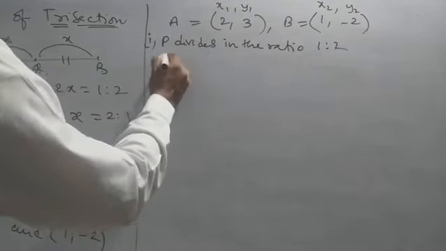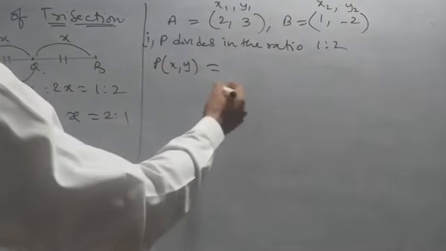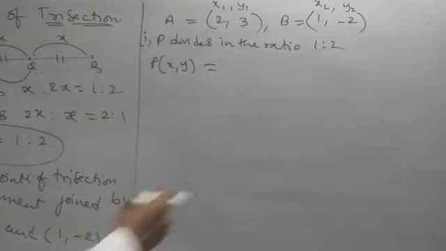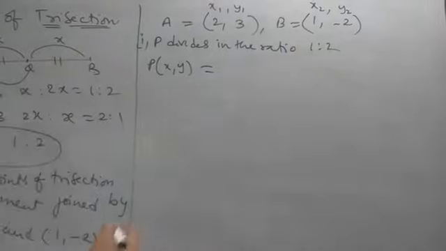So P of x comma y is equal to, instead of m, you need to substitute the value 1, instead of n, you need to substitute the value 2.